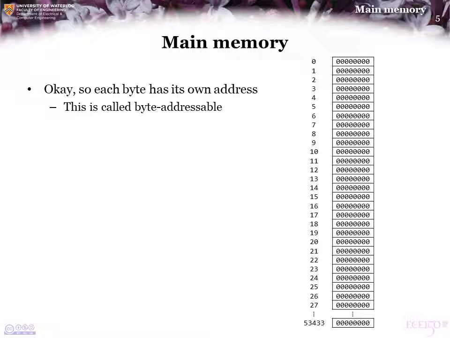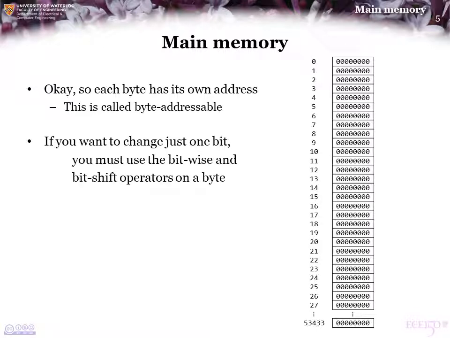So here we have main memory consisting of approximately 53,000 different bytes. Notice that because it is byte addressable, if you actually want to change one of these bits, you'd have to load the entire byte or access the entire byte and then perform bitwise and bit shift operations on that byte before you write it back into main memory.